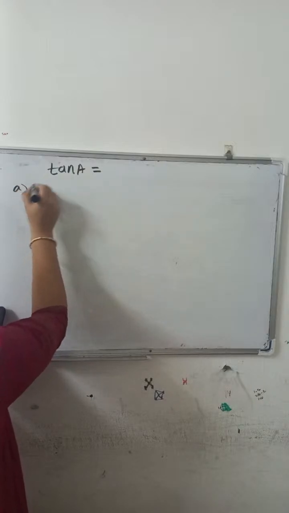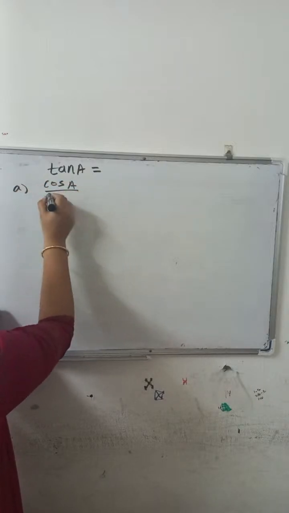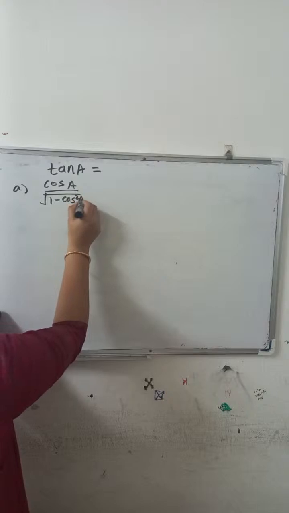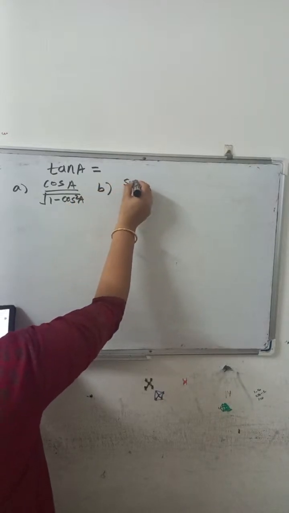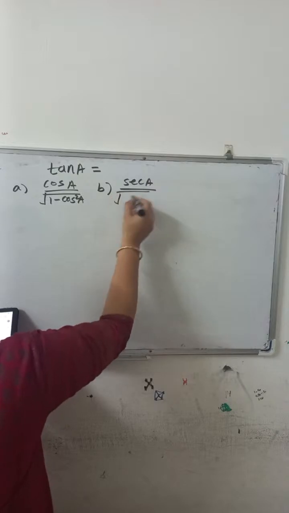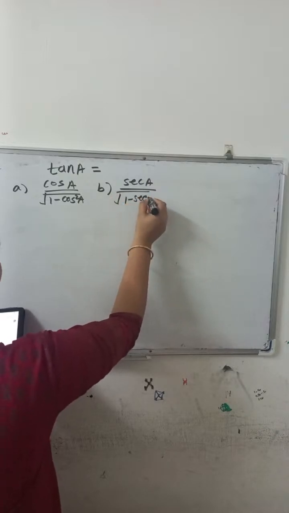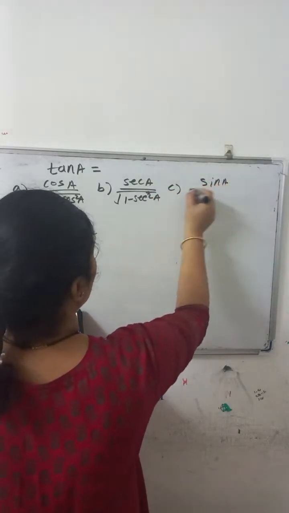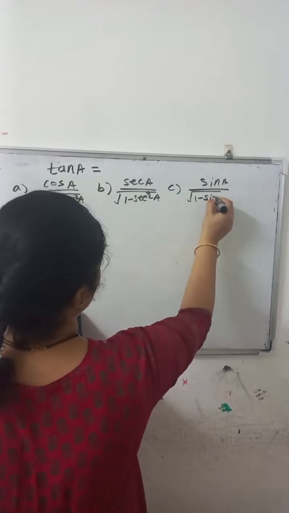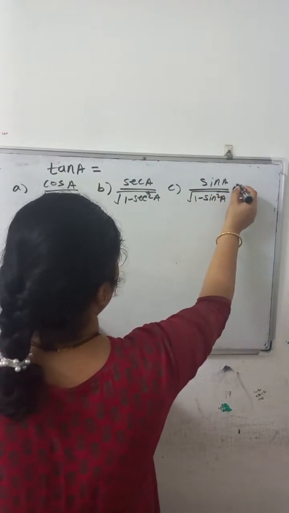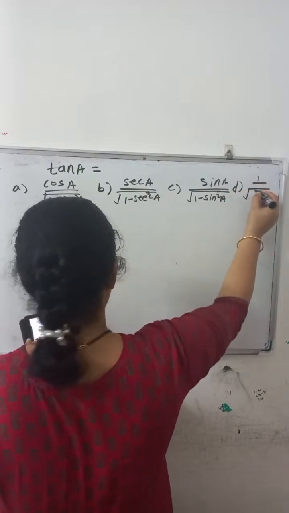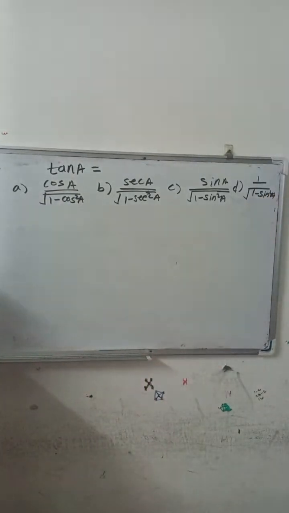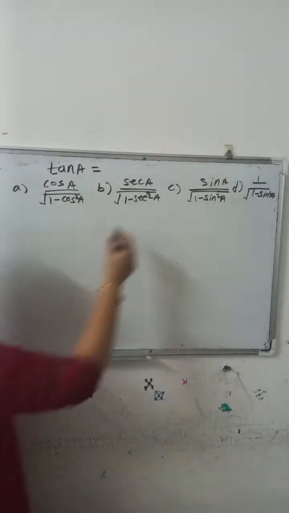Option A is cos A upon square root of 1 minus cos square A, B is sec A upon square root of 1 upon sec square A, C is sin A upon square root of 1 minus sin square A, and the last option is 1 upon square root of 1 minus sin square A. We have to choose the correct option, and according to me the correct option is C.